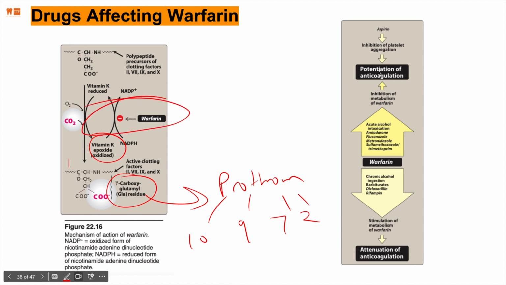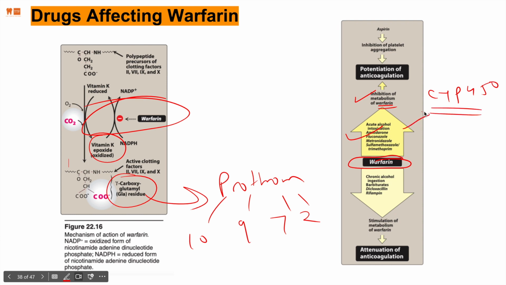Okay. One more thing here, very important, is that warfarin is a double-edged sword. Acute alcohol intoxication, amiodarone, fluconazole, metronidazole, sulfamethoxazole, trimethoprim, all of these drugs inhibit the metabolism of warfarin because of CYP450.